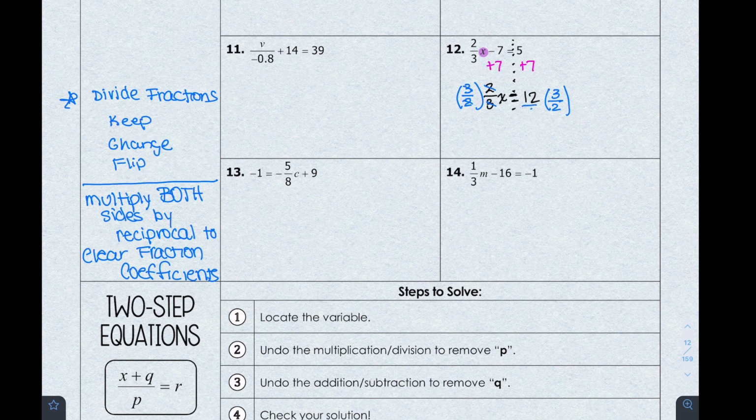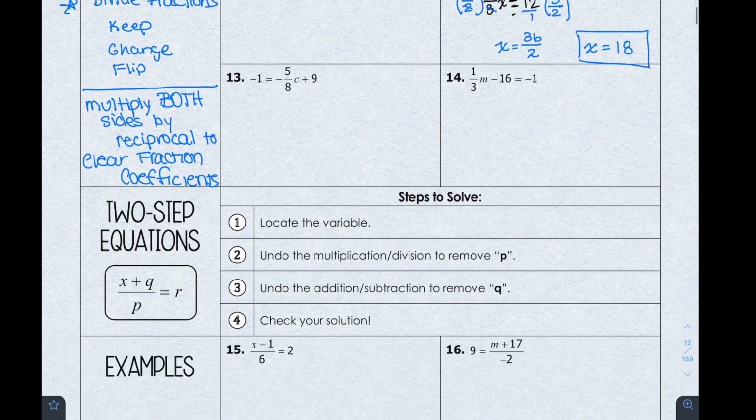I make my whole number a fraction, and I just multiply across. 12 times 3 is 36. 1 times 2 is 2. So I have x equals 36 divided by 2. I can still simplify that so that it's x equals 18. And that is the value of x. Okay?